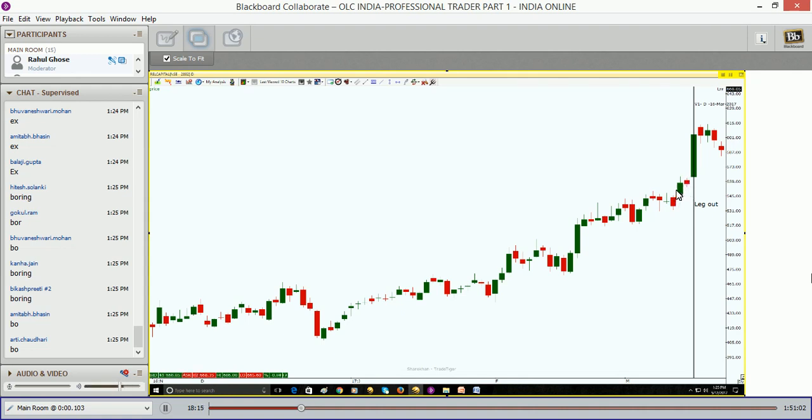But what about this green candle? Is it boring or exciting? Anybody who's maybe not sure?